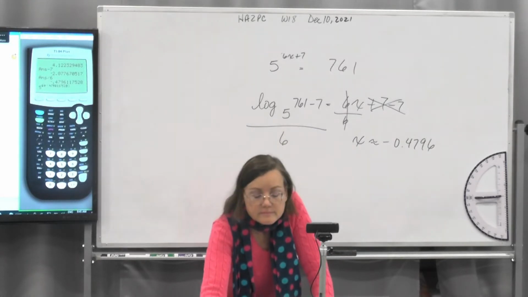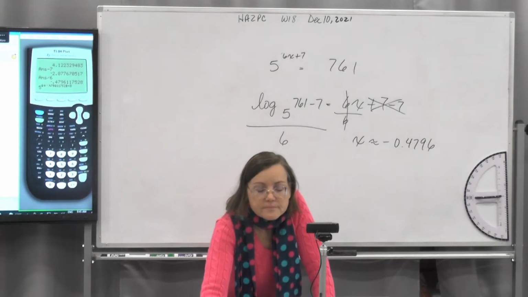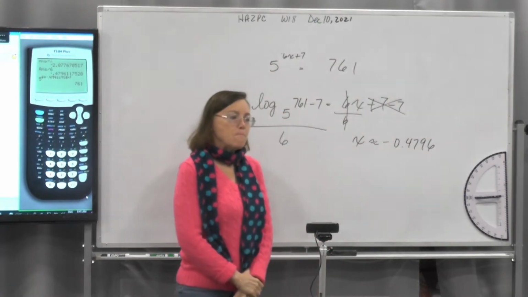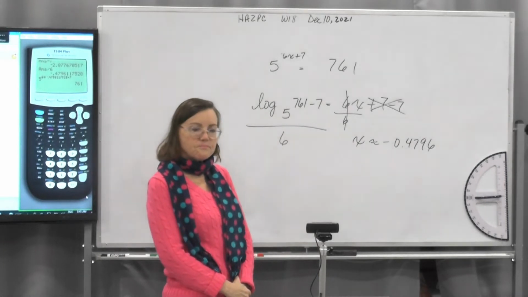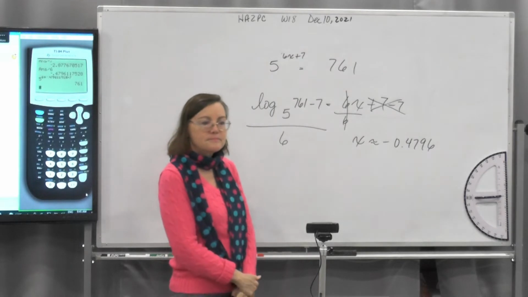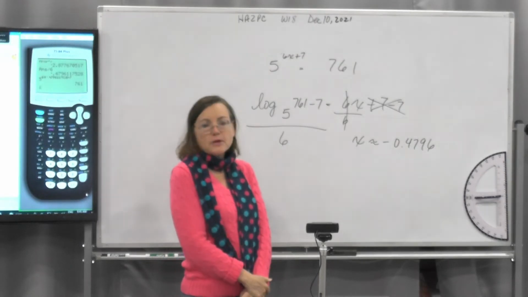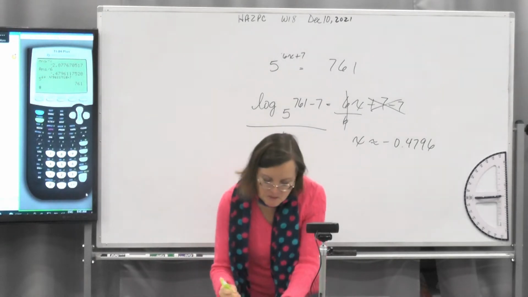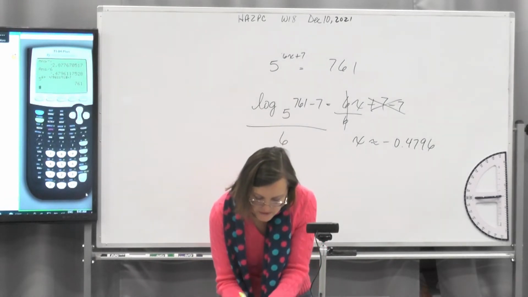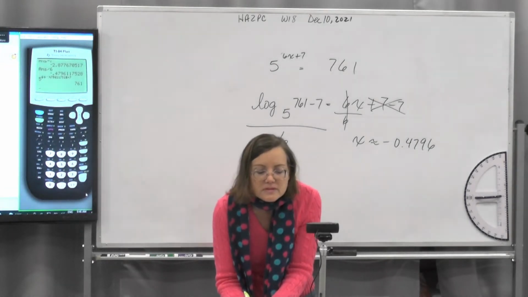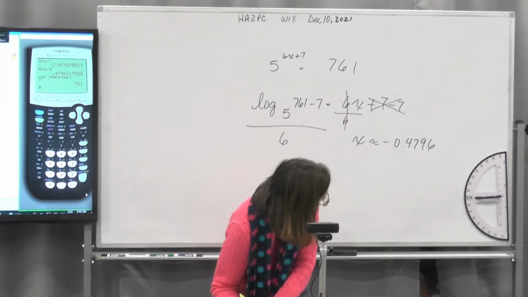Plus 7. And I get 761. Now I know it's right. I didn't have that on my key, so write that in there. About negative 0.4796.